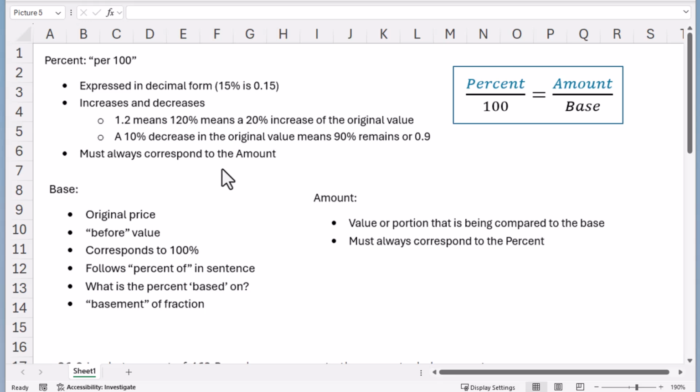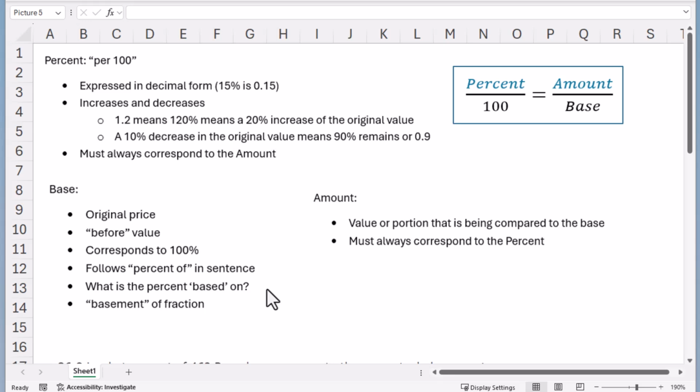The percent always has to correspond to the amount. So let's talk about the base and then we'll talk about the amount. The base is the original price. If you're looking at changes, the before value, the base is always 100%. And when we put it in English, it usually says percent of, and then the next value is the base.